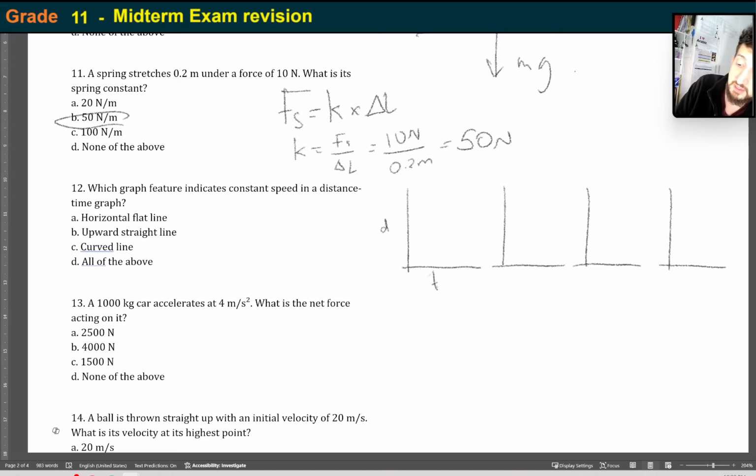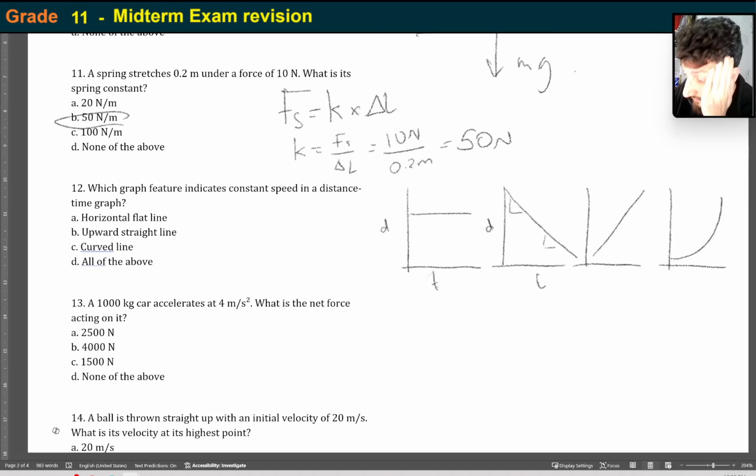A straight horizontal flat line. Okay, what if I have a curved line? A straight line like this indicates there is a velocity, but it's in the opposite direction, and I can tell that it's non-changing, it's constant, it's uniform.